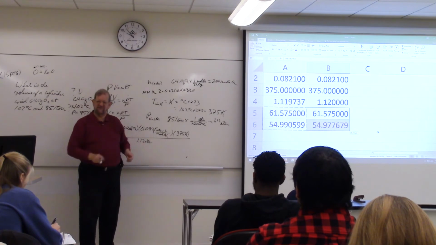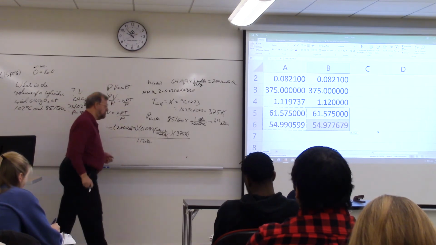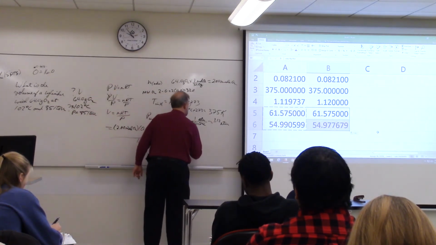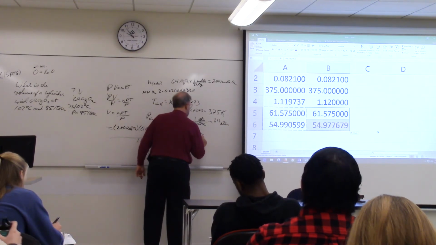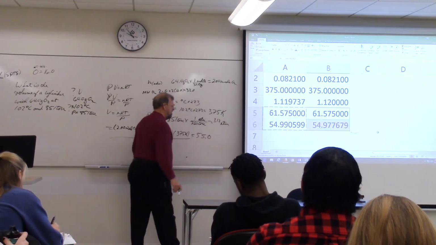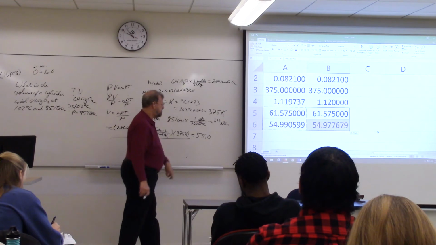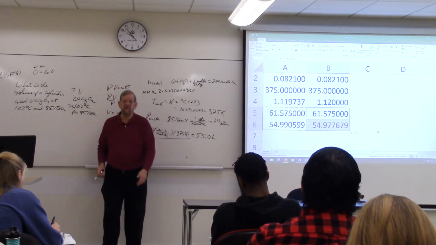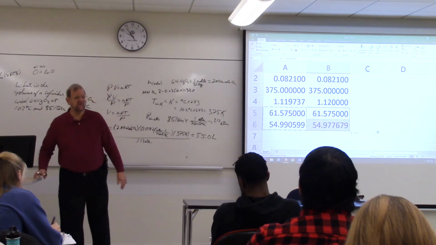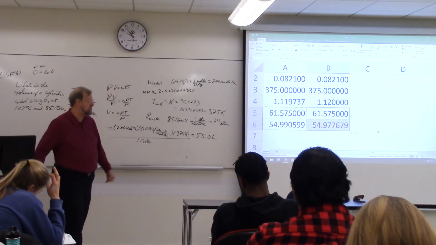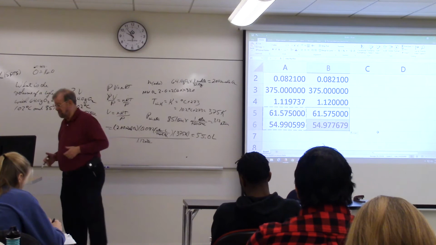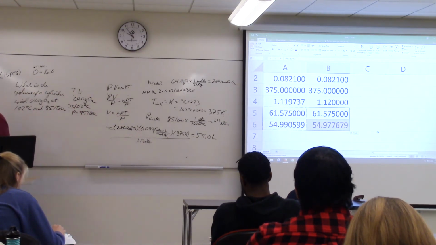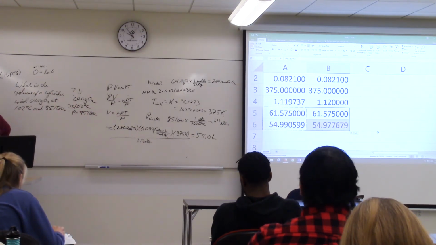I'm on the right track. And therefore the answer here would be 55.0, rounding that off to 3 significant figures, liters. And that's how you do it. Any questions? And this is something you should know how to do, because PV equals nRT in my book is very important. Any questions on any material on test 3?